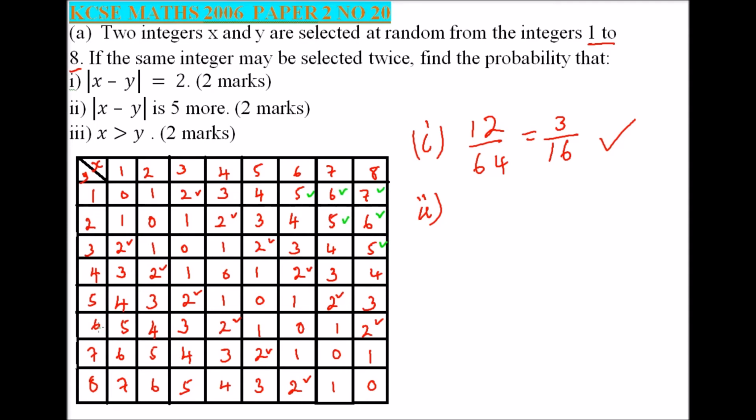And on the other side, 7, 8, 9, 10, 11, and 12. So they are 12 out of 64, which should also give you 3 over 16. So that is Roman number 2. Then we go to Roman number 3.